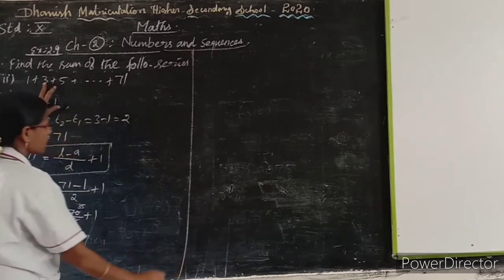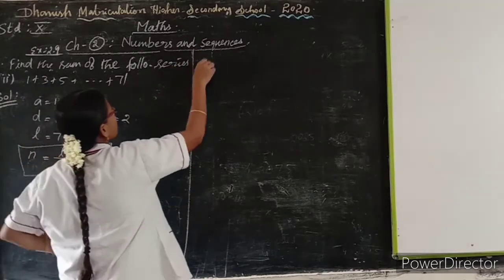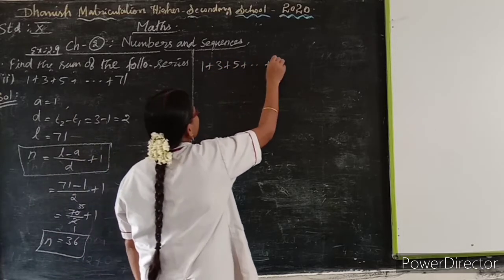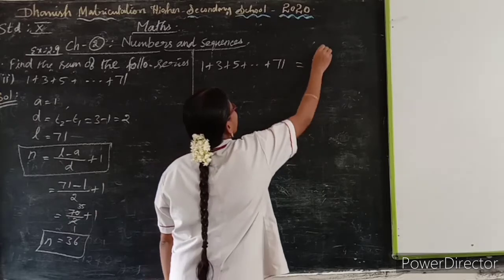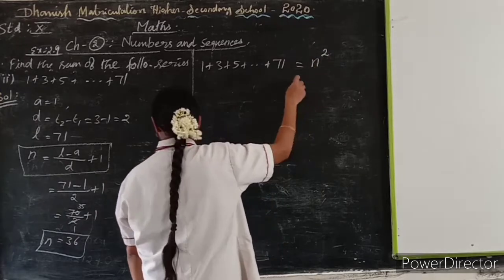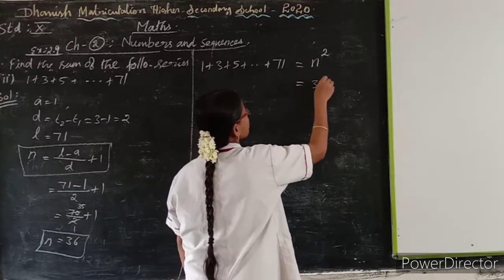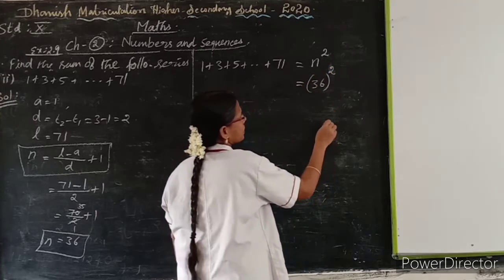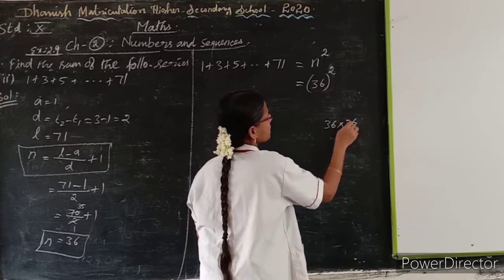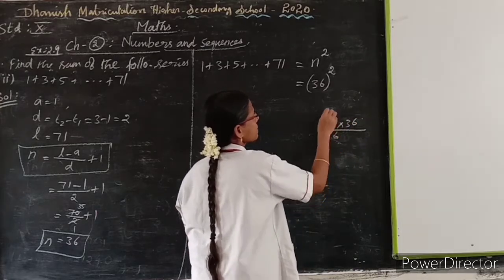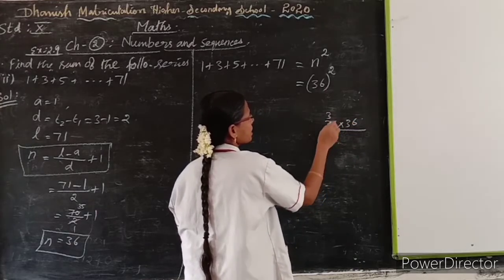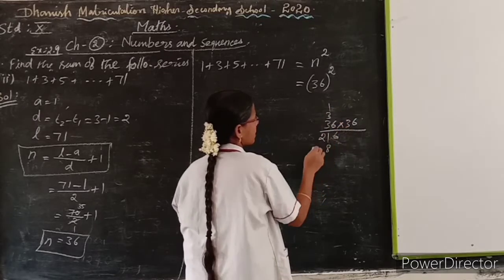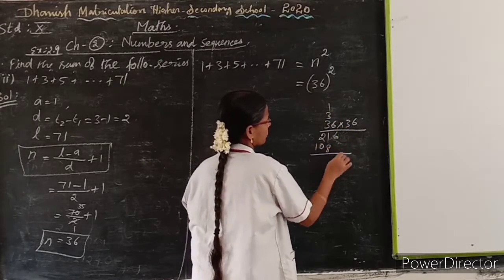So now apply the formula. 1 plus 3 plus 5 plus etc. up to 71 is equal to n square. Here our n is 36. So 36 square is 36 into 36. 6 sixes are 36, 6 threes are 18, 18 plus 3 is 21. 3 sixes are 18, 3 threes are 9, 9 plus 1 is 10.